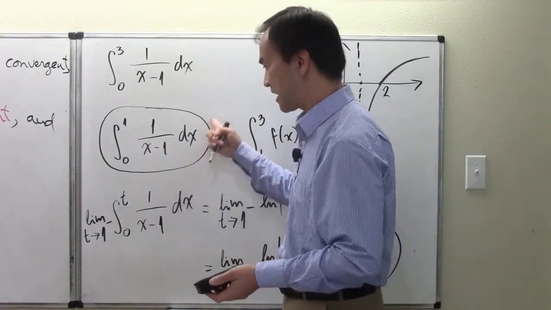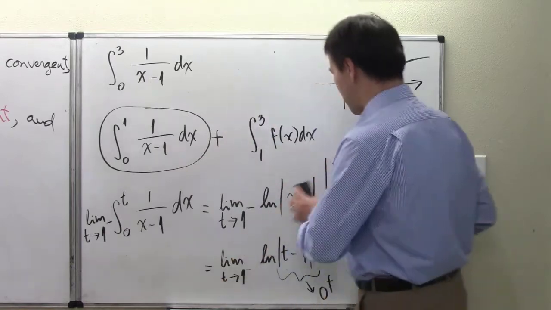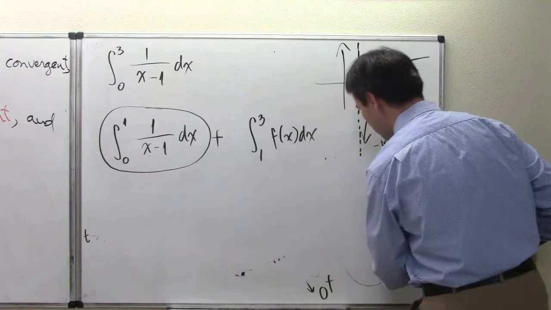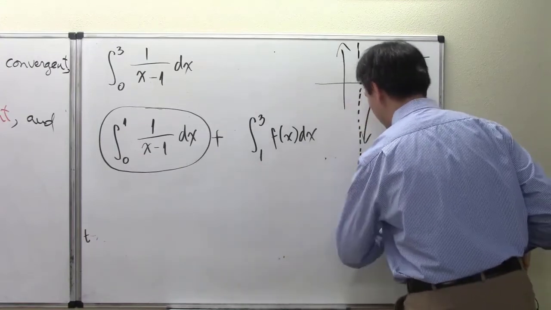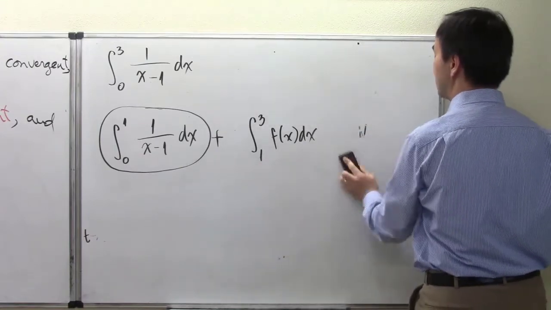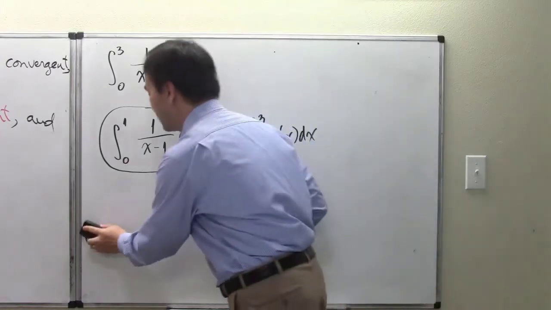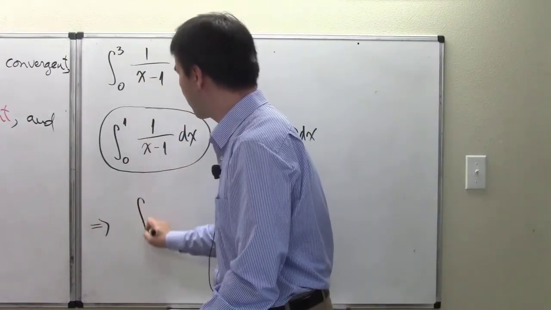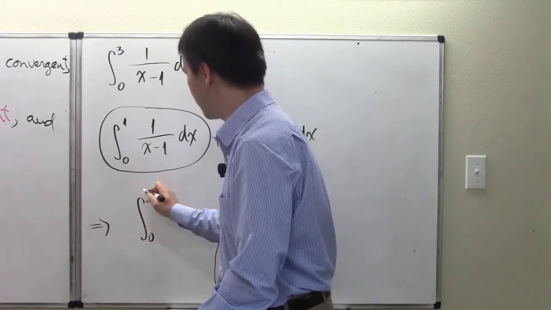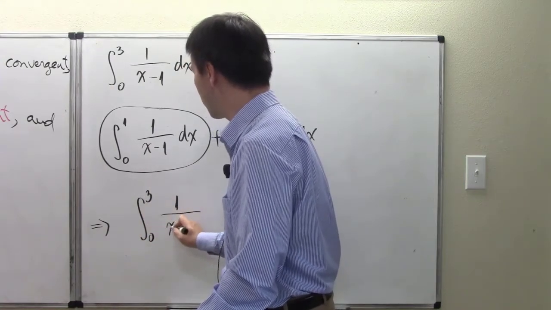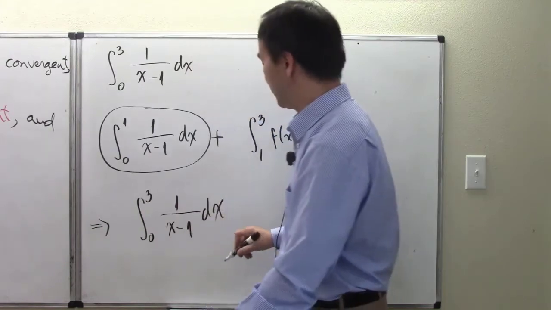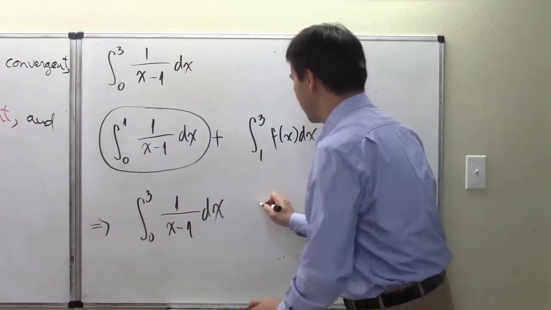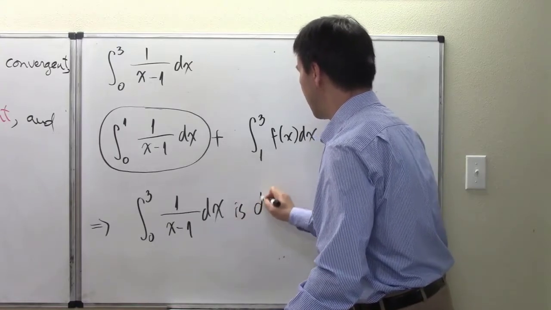And if it's divergent, allow me to erase this work right here. Now, as a conclusion, the integral from 0 to 3 of 1 over x minus 1 is divergent.